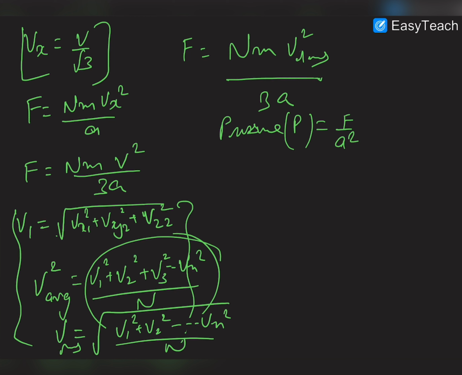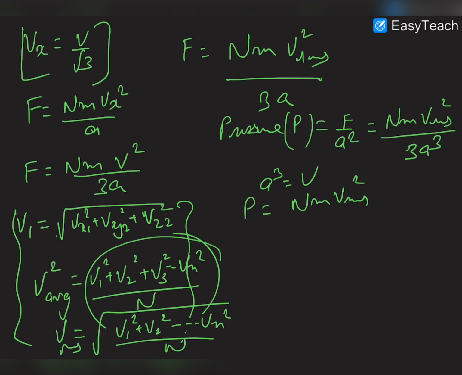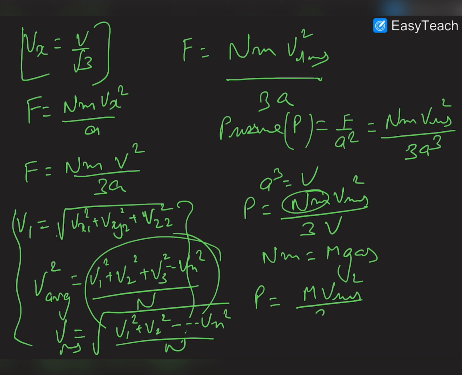So the pressure of the gas on the walls of the container is Nm V RMS square upon 3A cube. And A cube is obviously the volume, so pressure is equal to Nm V RMS square upon 3 into V. Now this N into m is the total mass of the gas, so we can say that pressure is equal to m V RMS square by 3V.